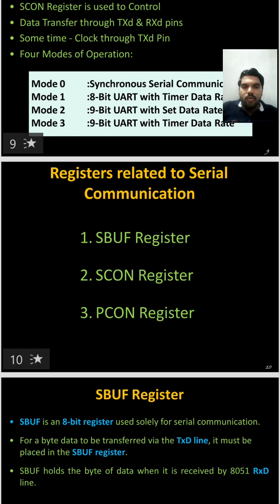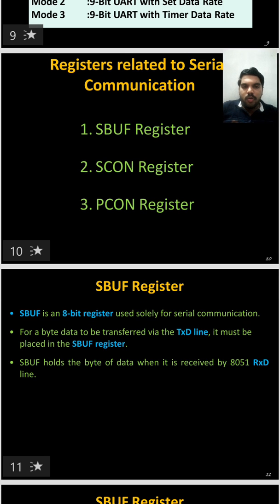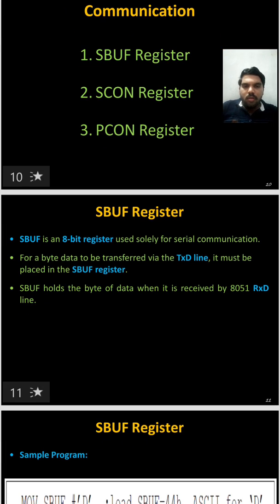We have to know some registers related to serial communication: the serial buffer register, the serial control register, and the power control register. Next we see the serial buffer register. The serial buffer register is an 8-bit register used for serial communication. If we have to transmit a byte of data, we use the transmitter line through the serial buffer register, and received data comes in on the 8051 receiver line.